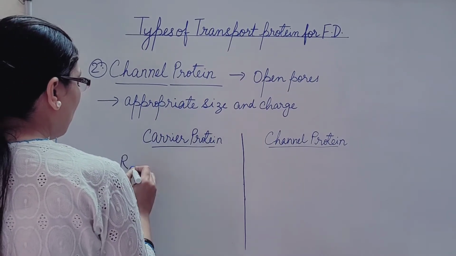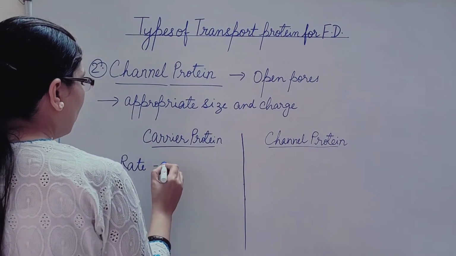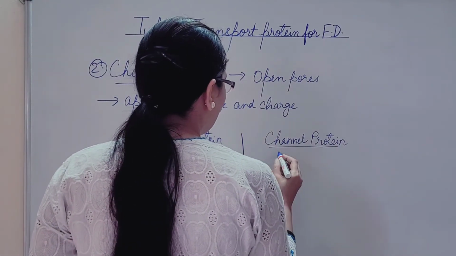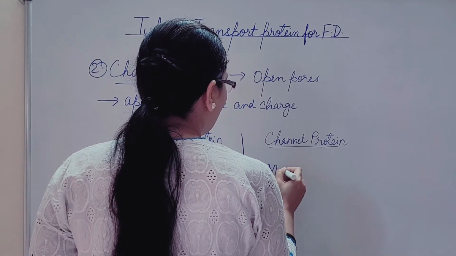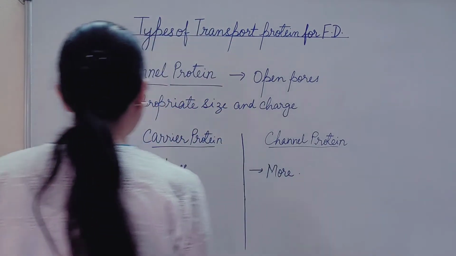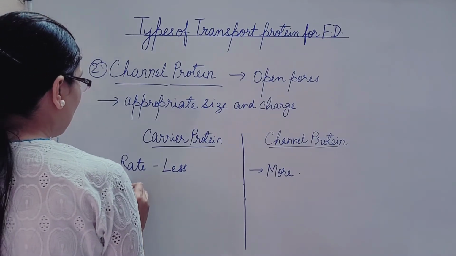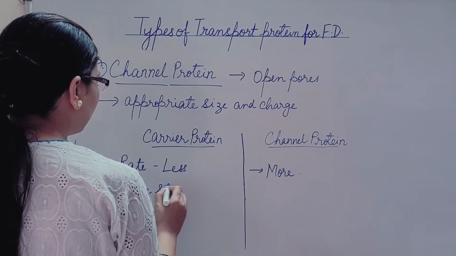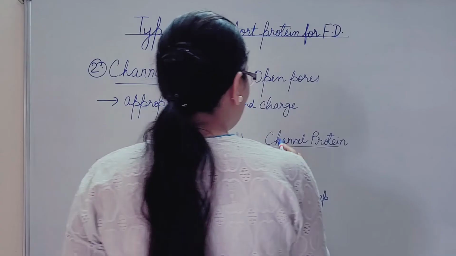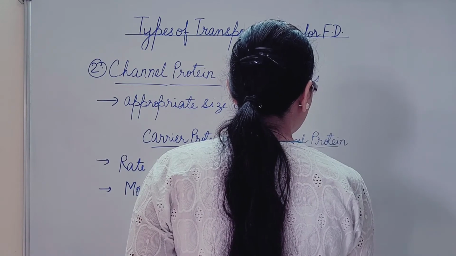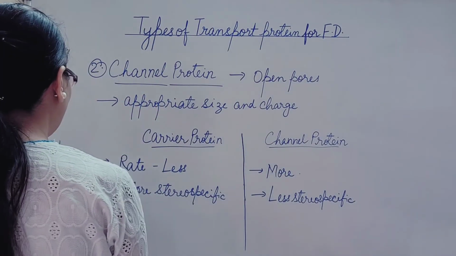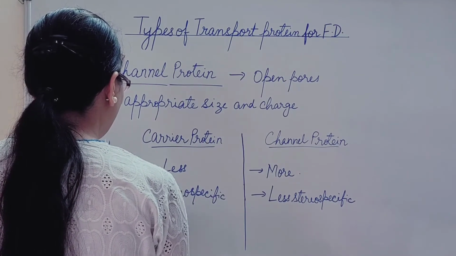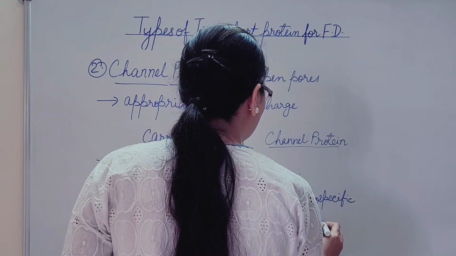In case of carrier protein mediated transport, rate of diffusion is less. In case of channel protein, rate of diffusion is comparatively more. Carrier protein is more stereospecific. Channel protein is less stereospecific. Carrier protein is saturable. Channel protein is non-saturable.